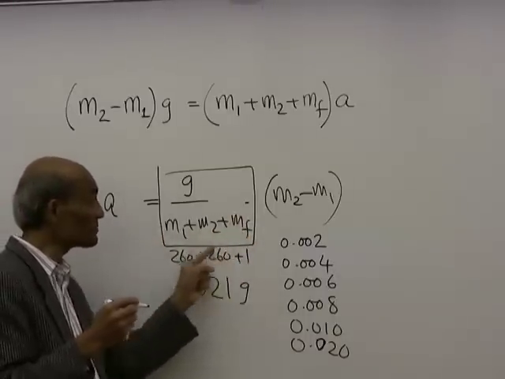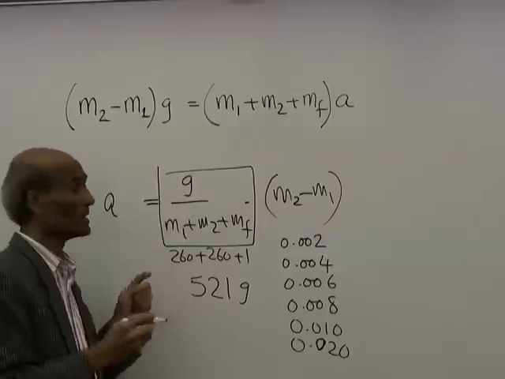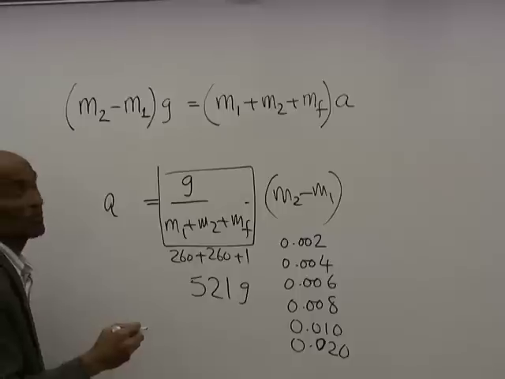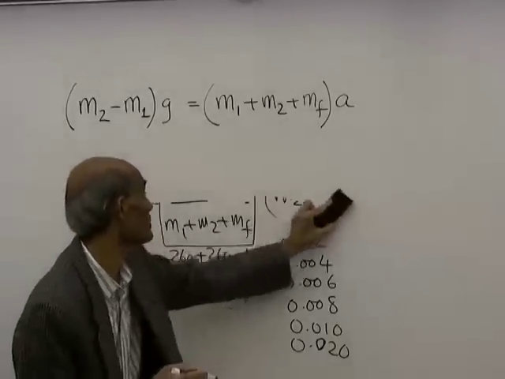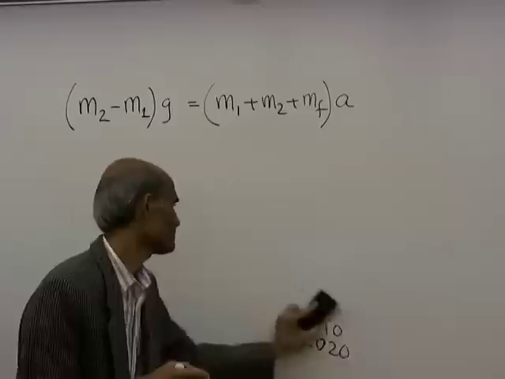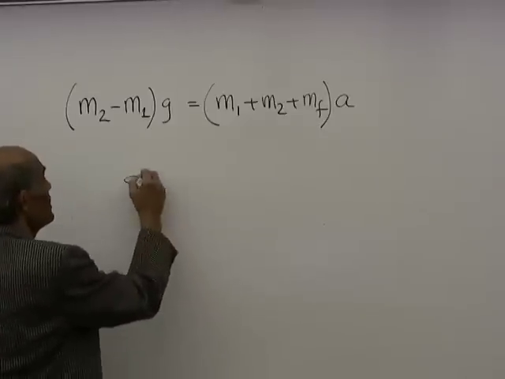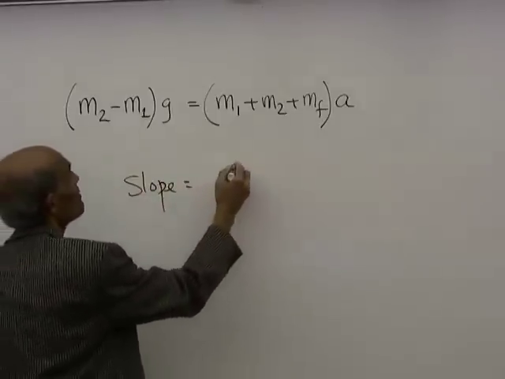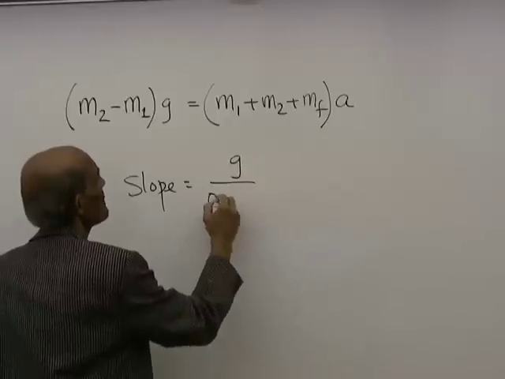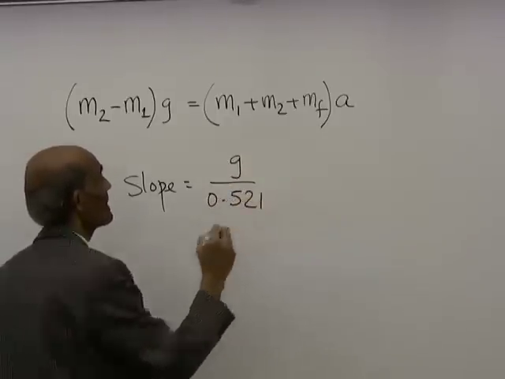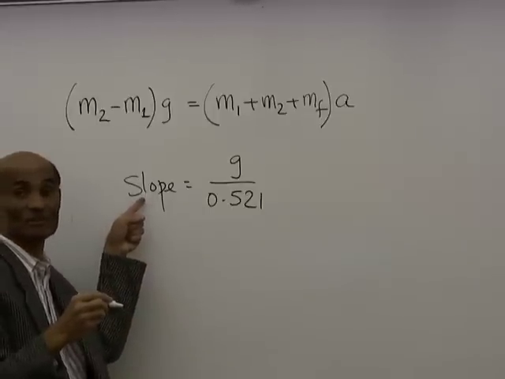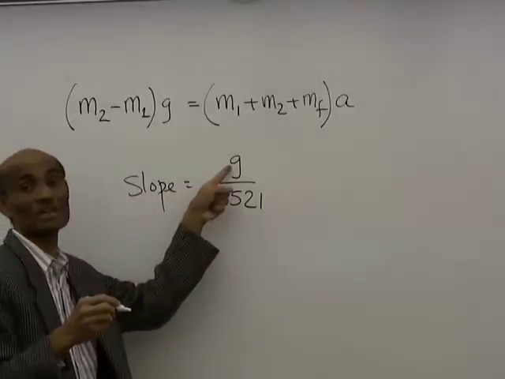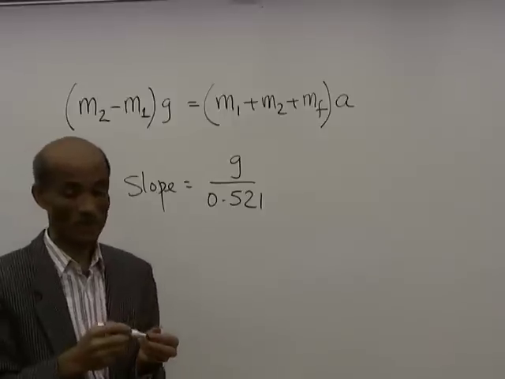That is m1 plus m2 plus mf. So your slope, you must bring your slope like this. Let me take this off. You got to come and say, therefore, your slope equal to g divided by 0.521. Now the graph gave you this value, and therefore you can calculate your g.